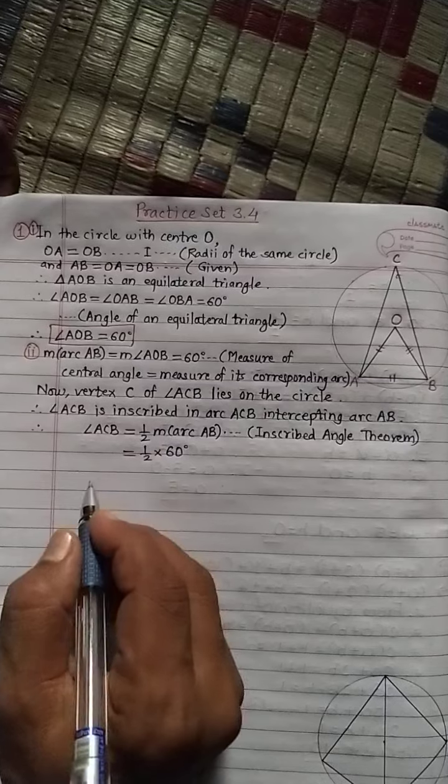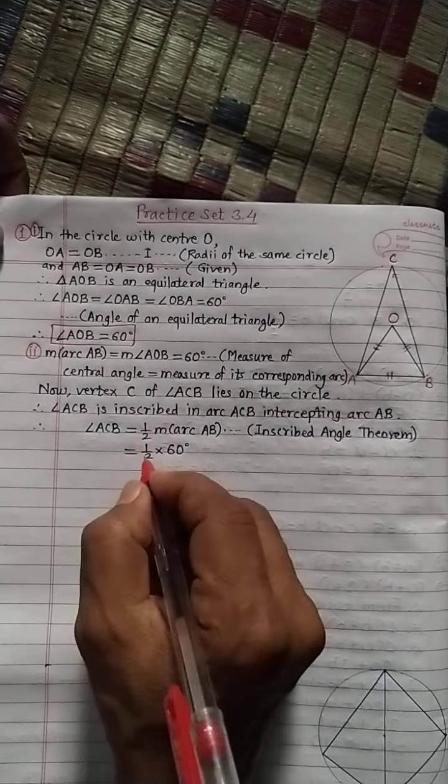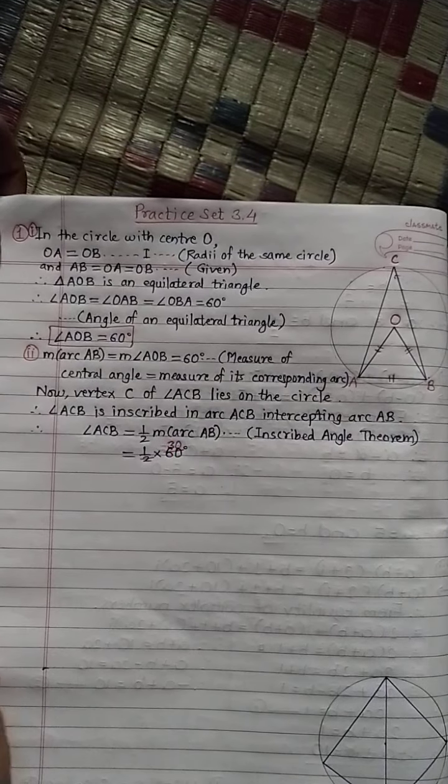Okay, so 2 1s are 2, 2 3s are 6, and here 0.